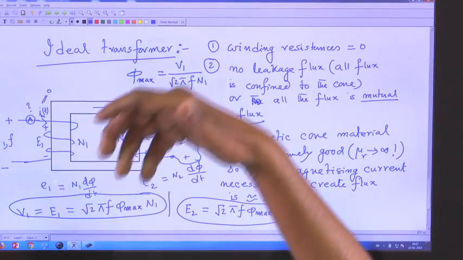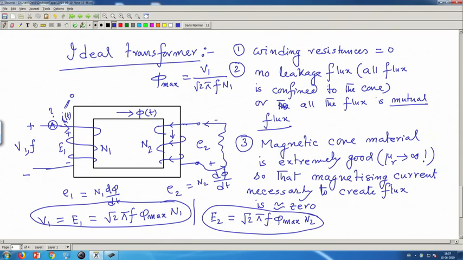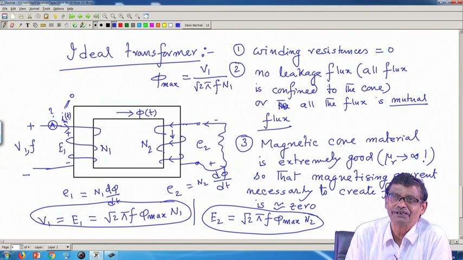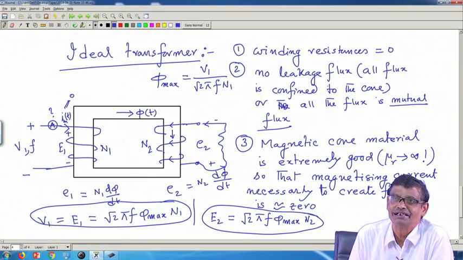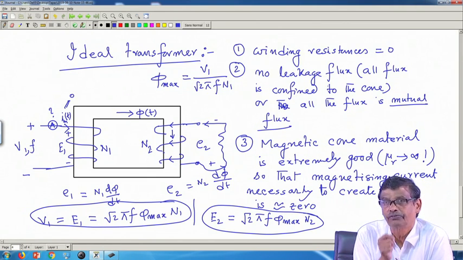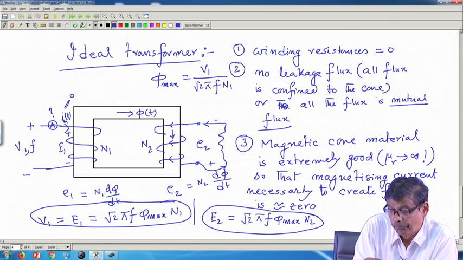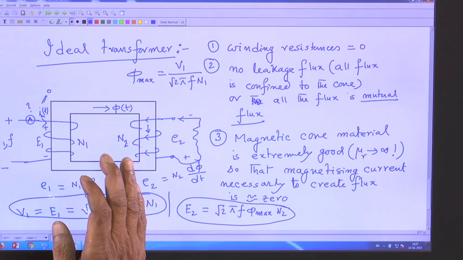So the flux is strengthened, the cause for which it is due is strengthened, but that is not in accordance with Lenz's law. It will try to oppose the very cause for which it is due. What is the very cause? Phi from top to bottom was increasing.